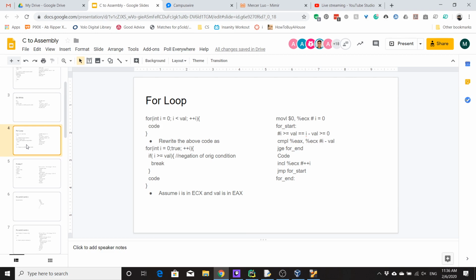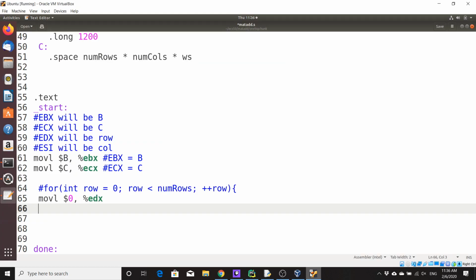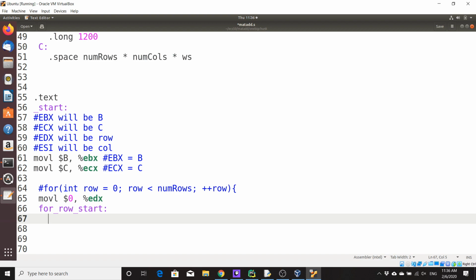We have for start, but how many for loops are we going to have for this problem? 2, but can they have the same label? Right, we can have like row start or outer for or something start, right? So we can call it a row start. So over here we have row start, or for row start. I don't know what do you want to call it. Okay, then what's the next thing that we do?